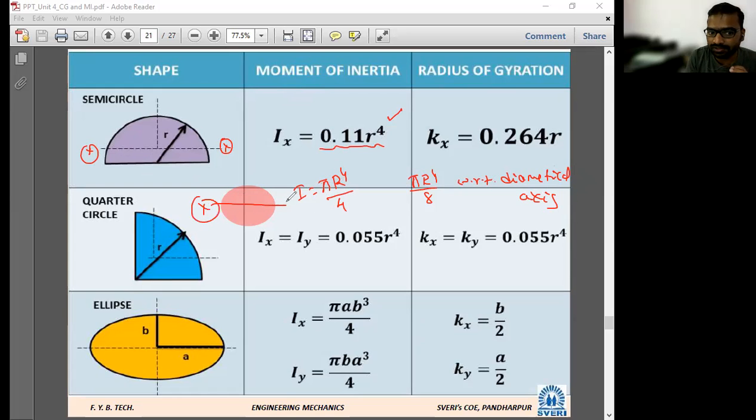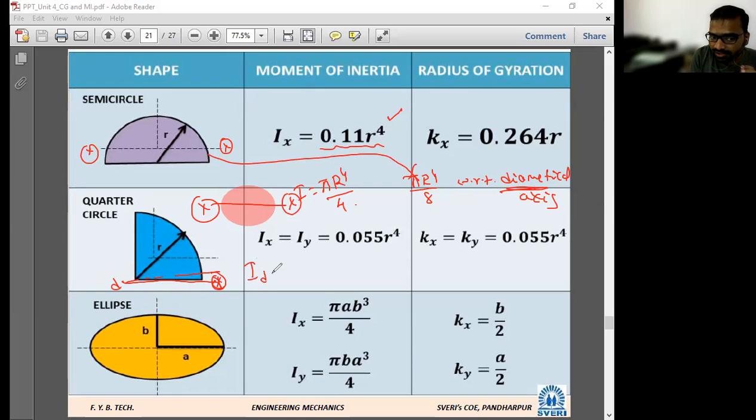About diametrical axis, for a circle it is pi r raised to 4 by 4. About the same diametrical axis for the semicircle, pi r raised to 4 upon 8. Look here, this is a quarter circle. This is the diametrical axis, I will take it as DD.